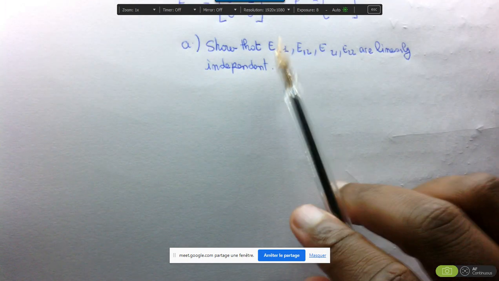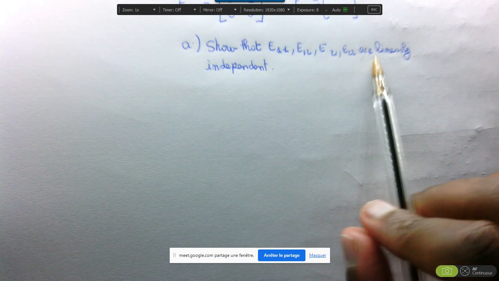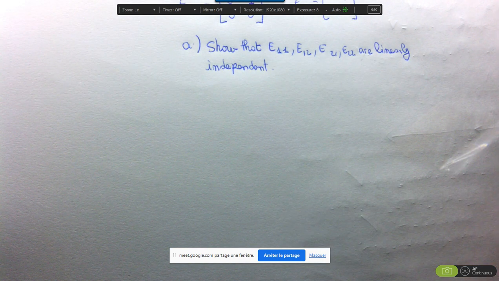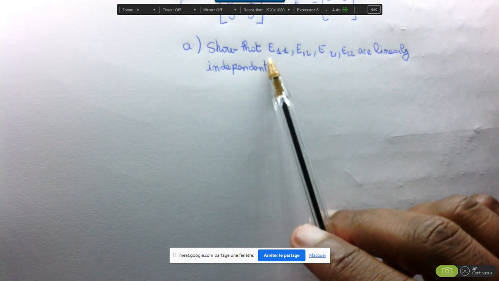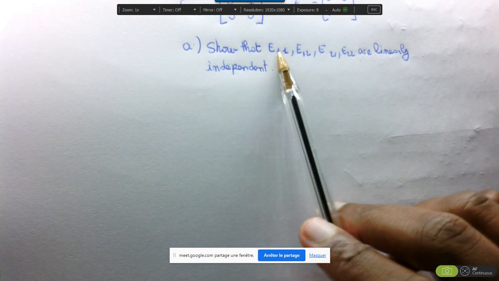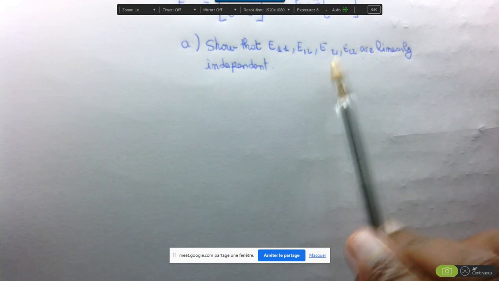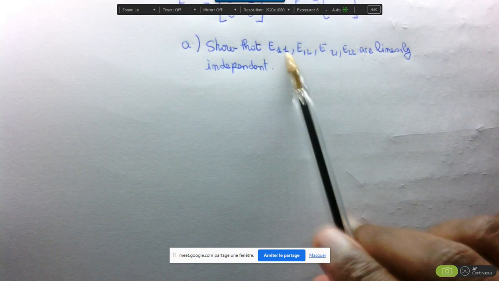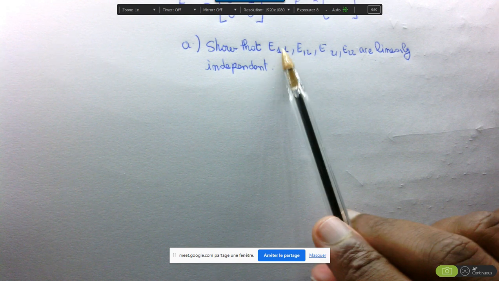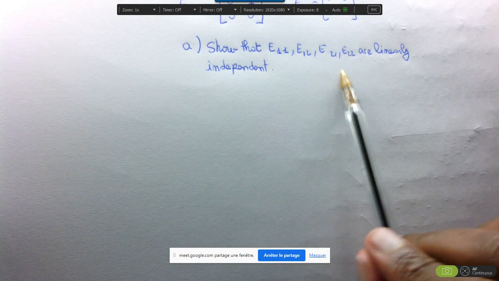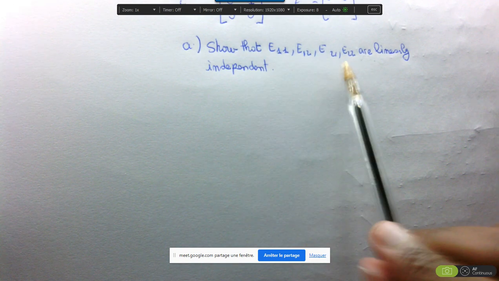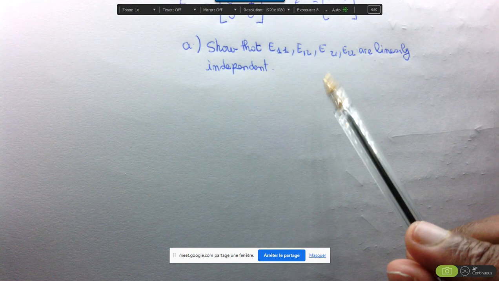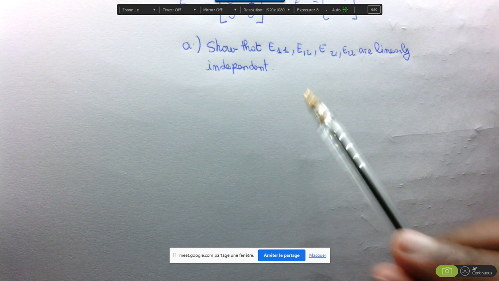In this case we have 2 by 2 matrices, but the principle is the same. If the only set of scalars alpha 1, alpha 2, alpha 3, alpha 4 such that the linear combination of these coefficients and these matrices equals 0 is the one where the coefficients are all 0, then we can say that these are linearly independent. So that's what we're going to do.